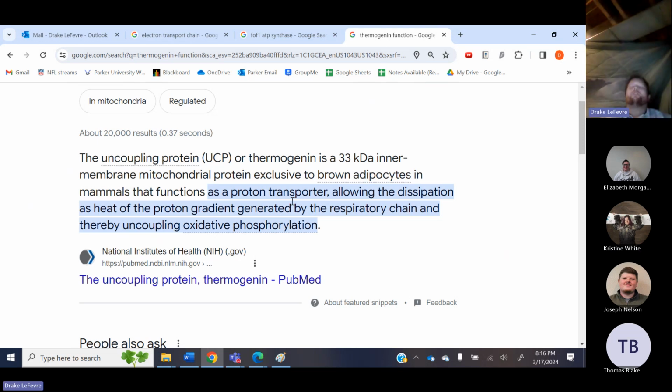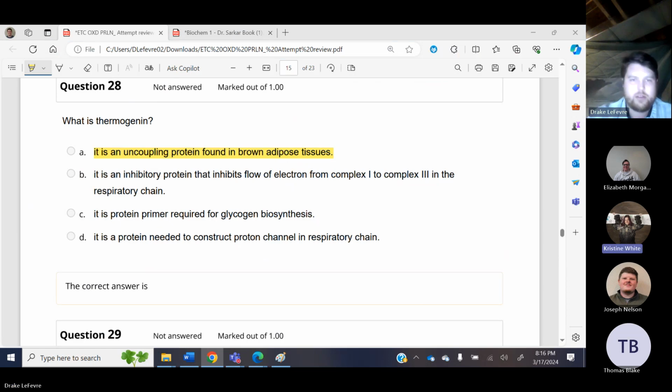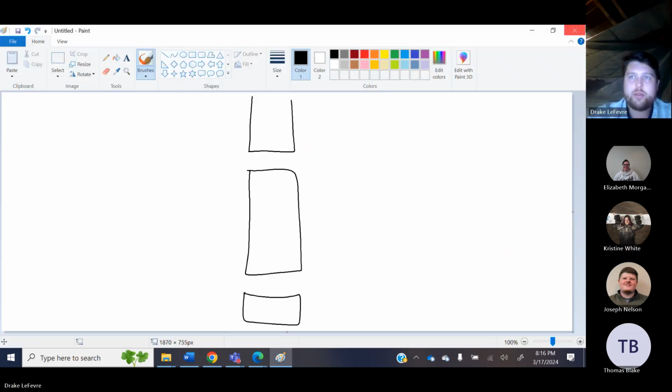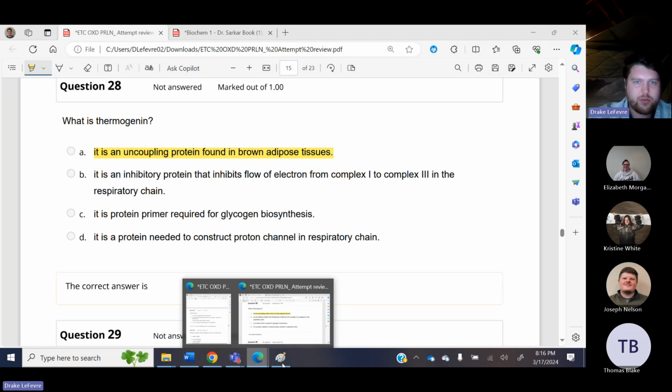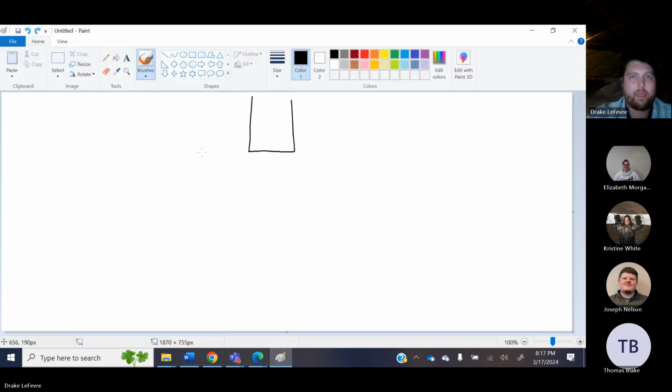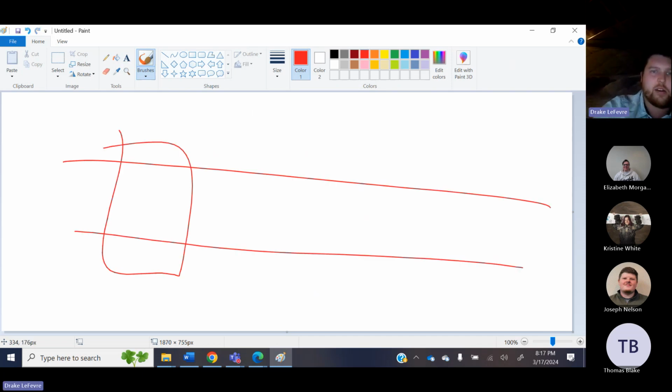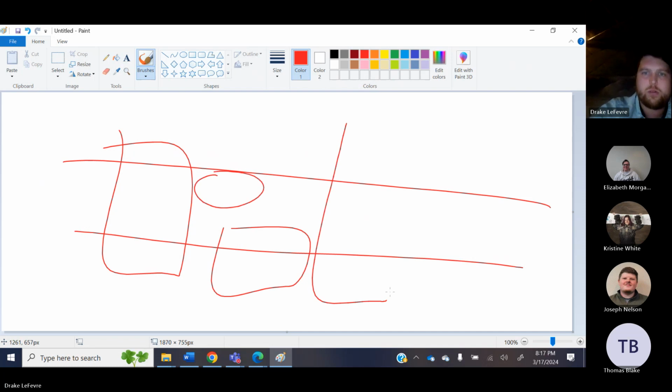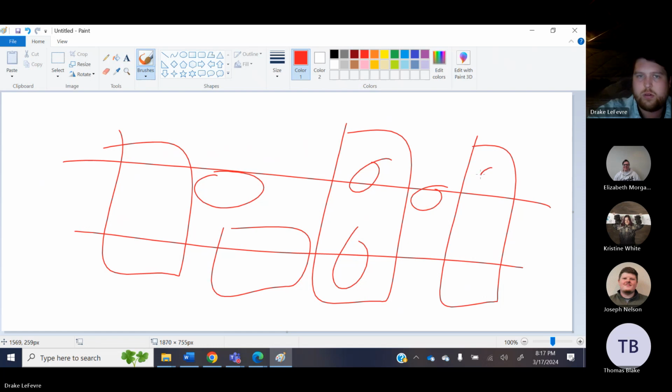Okay, this is actually going to be a better explanation. It clicked again in my brain. A better explanation of the uncoupling. Think of it like in our whole process, right, of one, two, three, four, and then here.